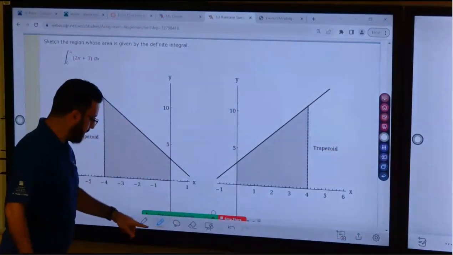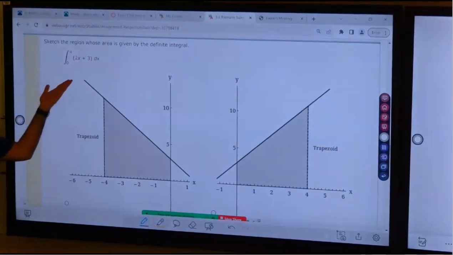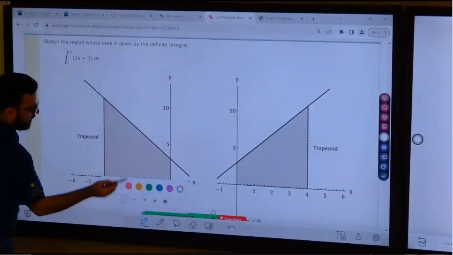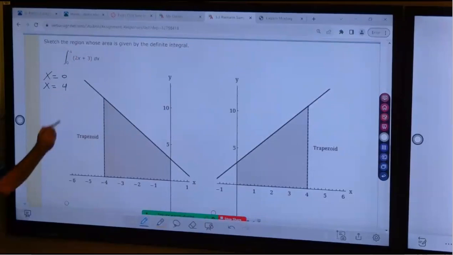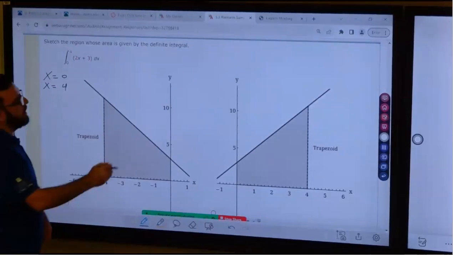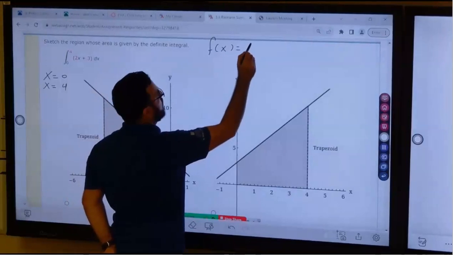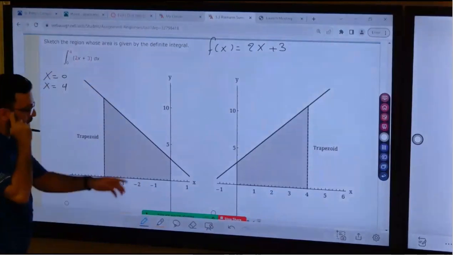Don't look at the graphs. First of all, our function is, I already know x from which point? 0 to 4. X from 0 to x equals 4. Now, my function is f of x equals 2x plus 3.